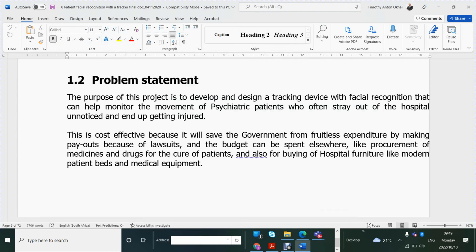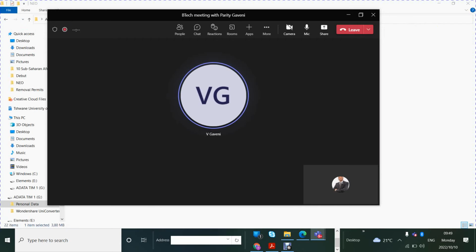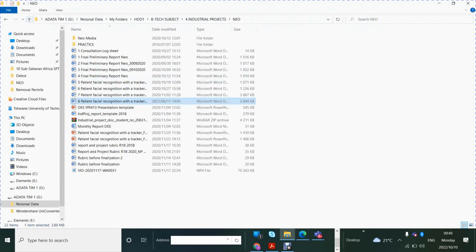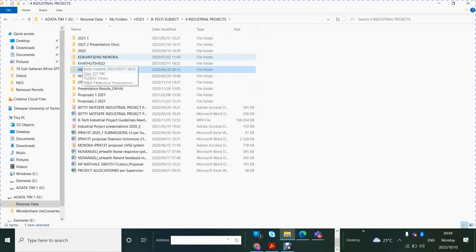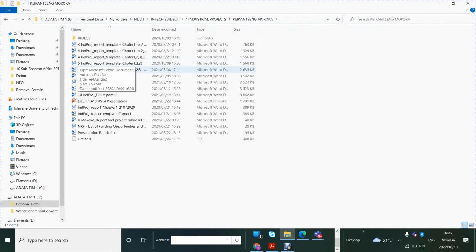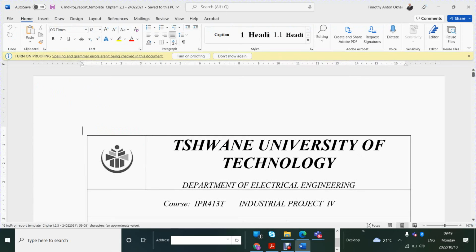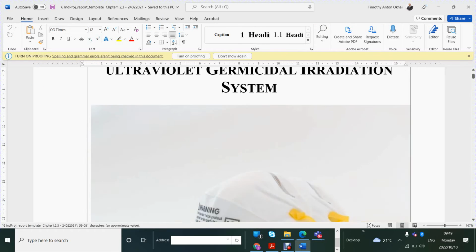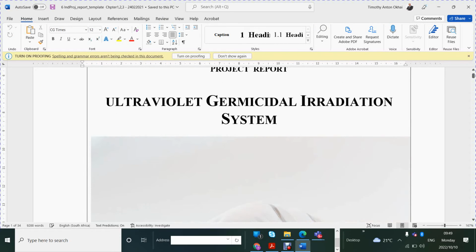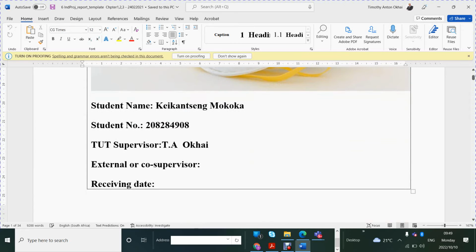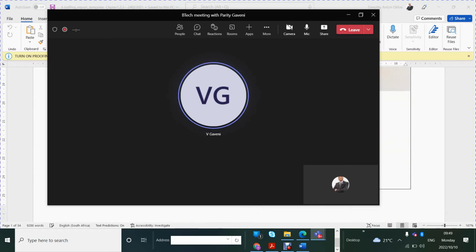Now let's look at another example because examples make things clearer. Let's look for another project. And then this other project, ultraviolet germicidal irradiation system. I'm going to share screen.